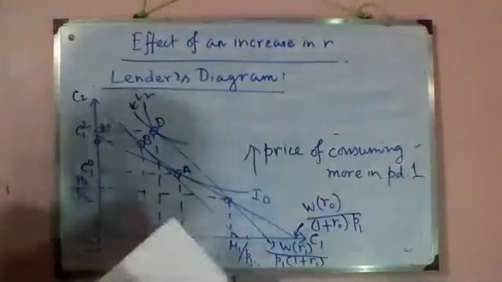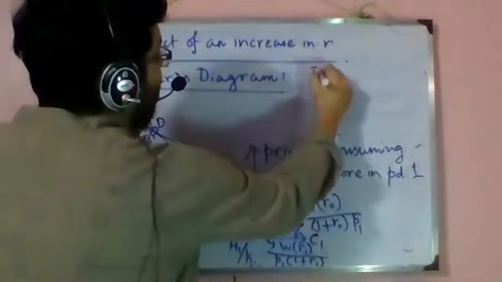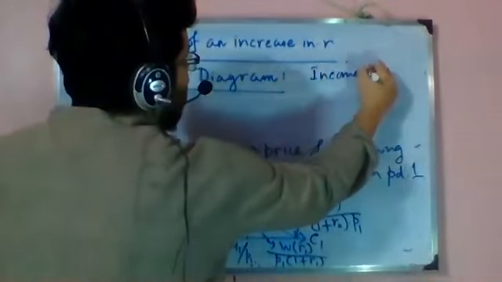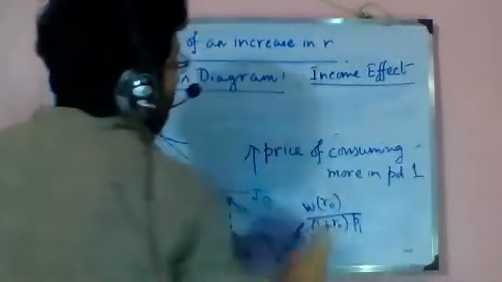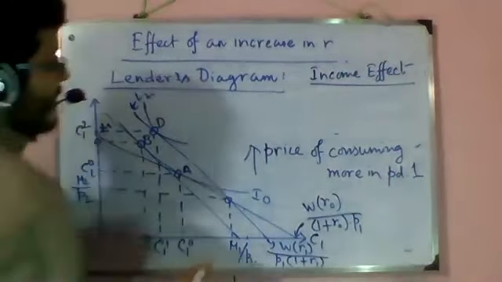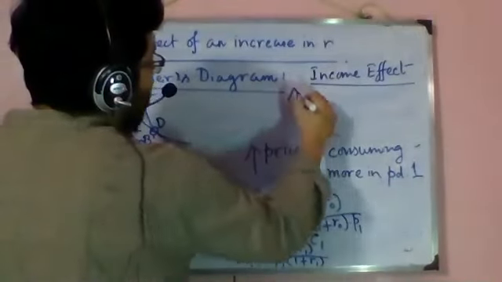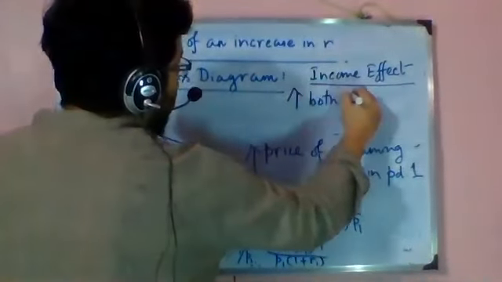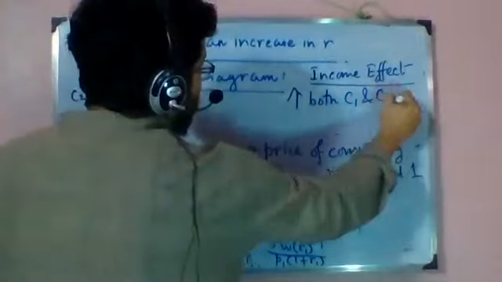See, the individual was a lender, right? So if R increases for that individual, the interest return on lending increases. So I have more income or more money in the second period. So definitely the income effect will cause an increase in both C1 and C2.